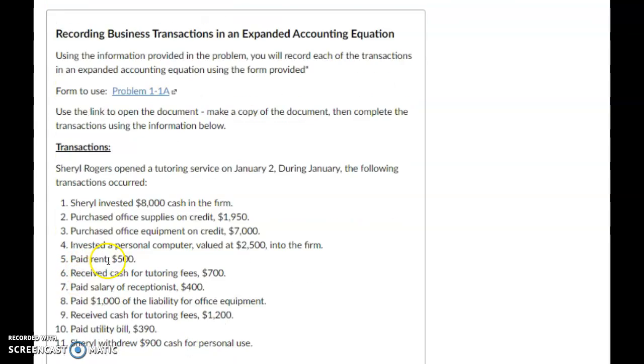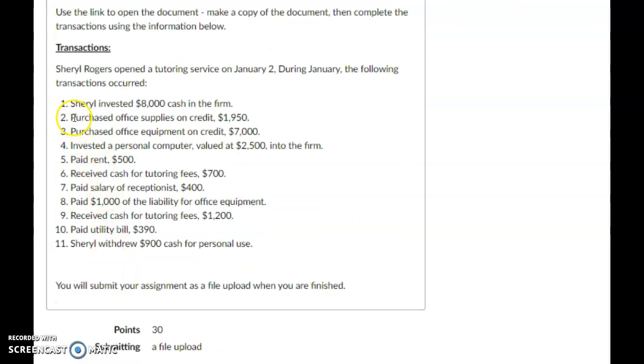You see these are very similar to the transactions that we talked about in the video before. Each one is about Cheryl Rogers opening a tutoring service on January 2nd. During January, the following transactions occurred.